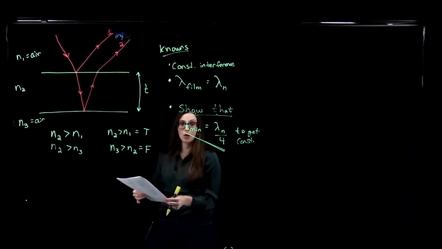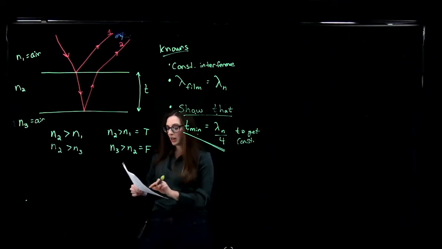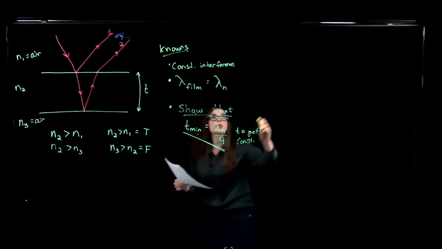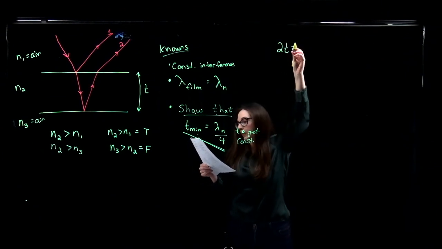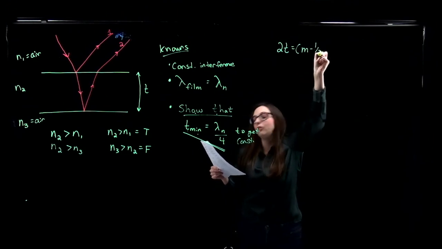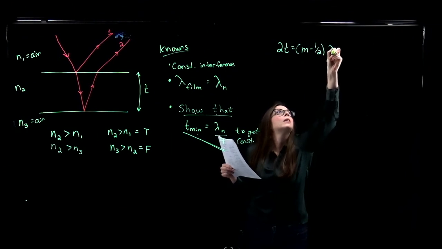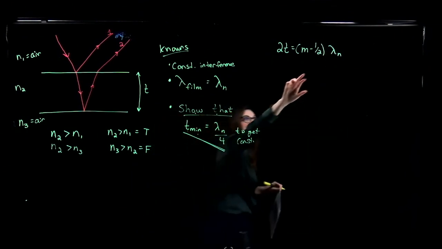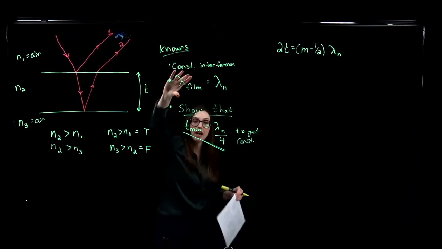So that's the third row. And so then it tells us for constructive interference, we're going to use 2t equals m minus 1/2 times lambda sub n. So lambda sub n, that's the wavelength of light inside our film.